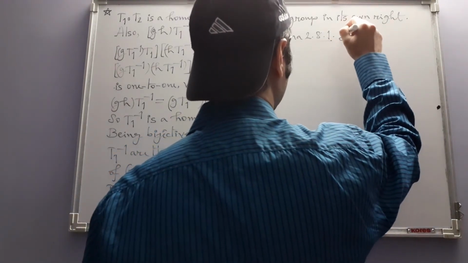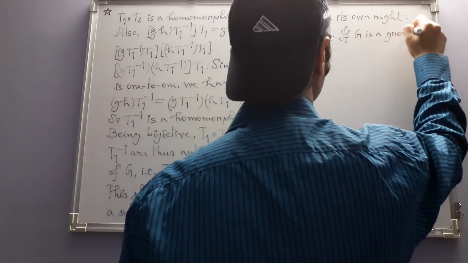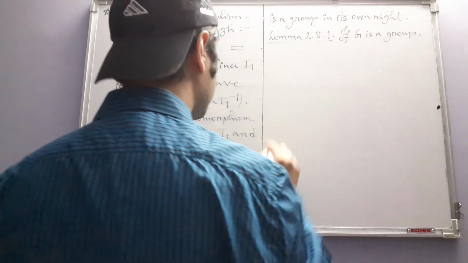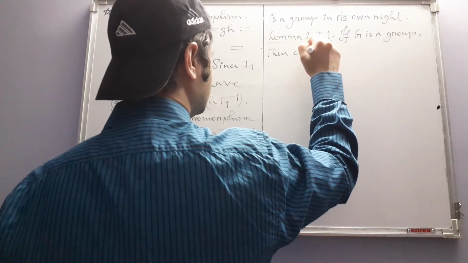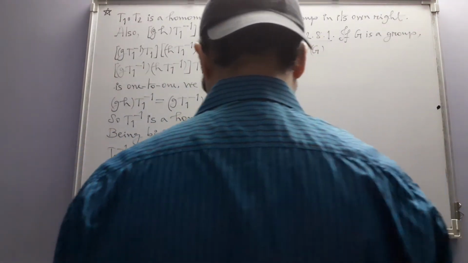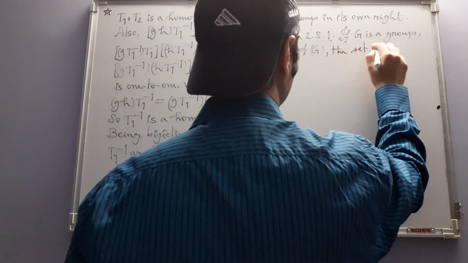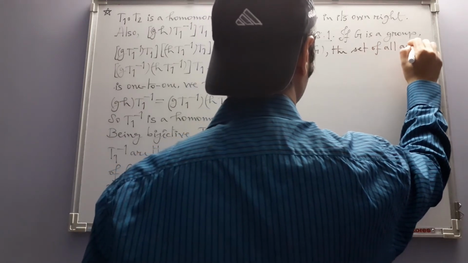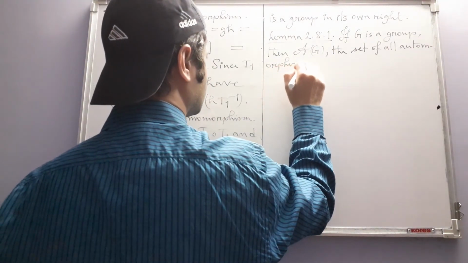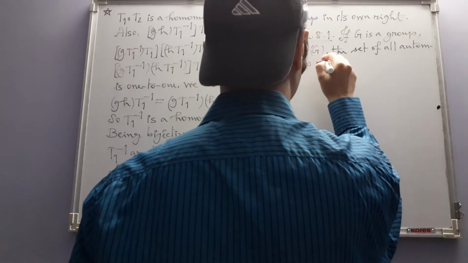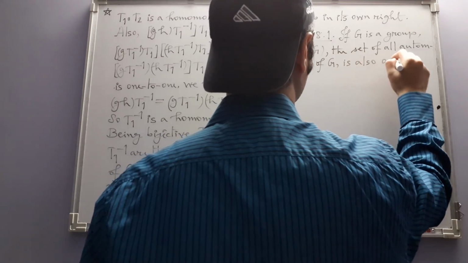If G is a group, then A of G, the set of all automorphisms of G, is also a group.